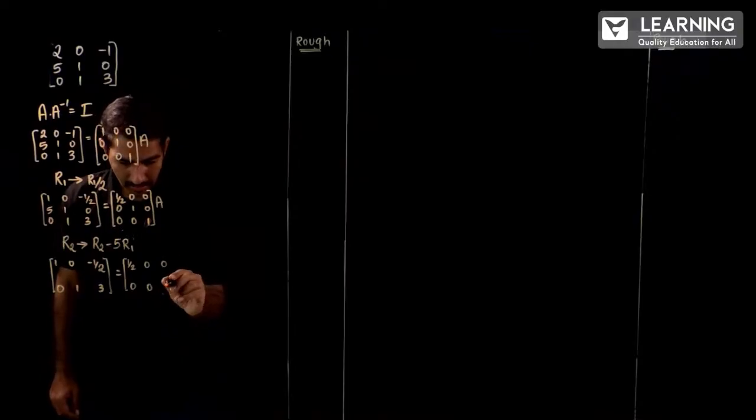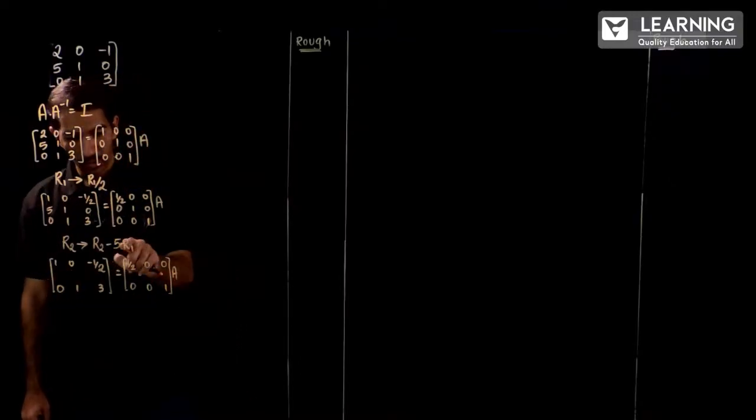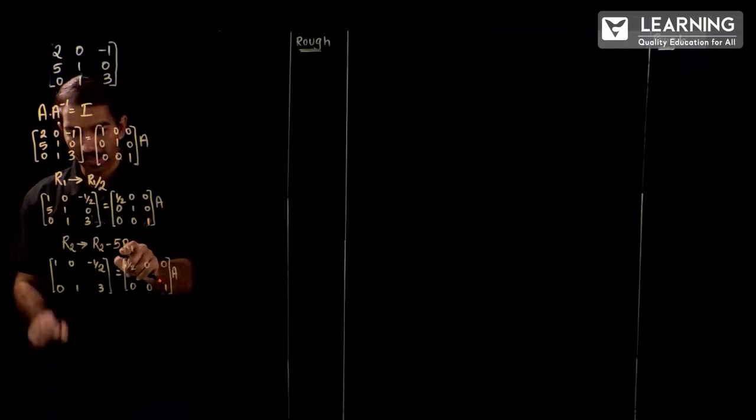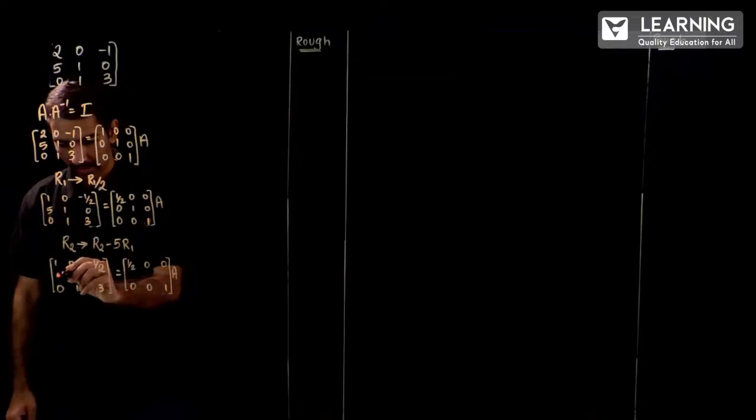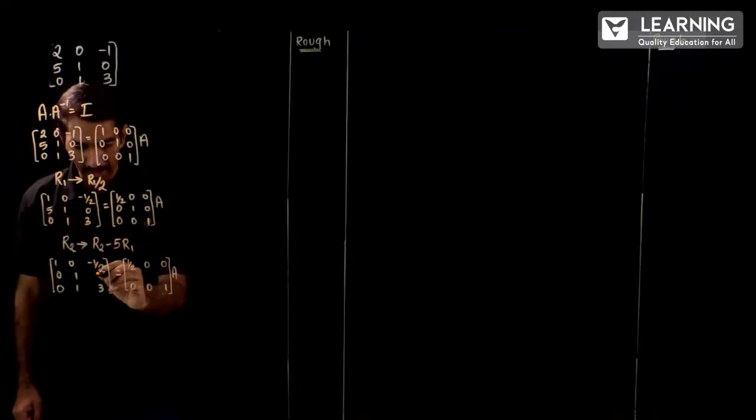This is actually 1 of A. Correct? R2 by minus 5, R2 minus 5 R1. 5 minus 5, 0. R2, 1 minus 5 times of 0 is 1 only. R2, 0 minus 5 of minus 1 by 2. So that will become minus into minus is plus 5 by 2 it is.